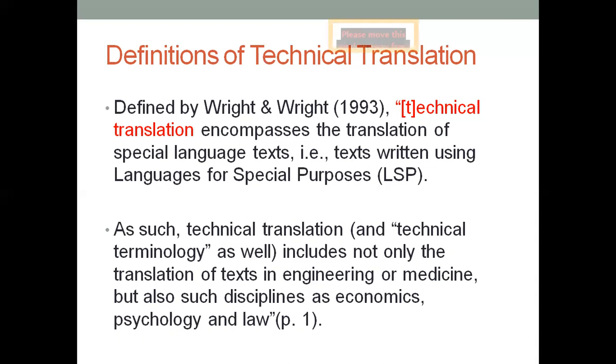So, technical translation, or technical terminology as another name for technical translation, includes not only the translation of engineering or medical texts but also the translation of economic texts or psychological texts and law texts.